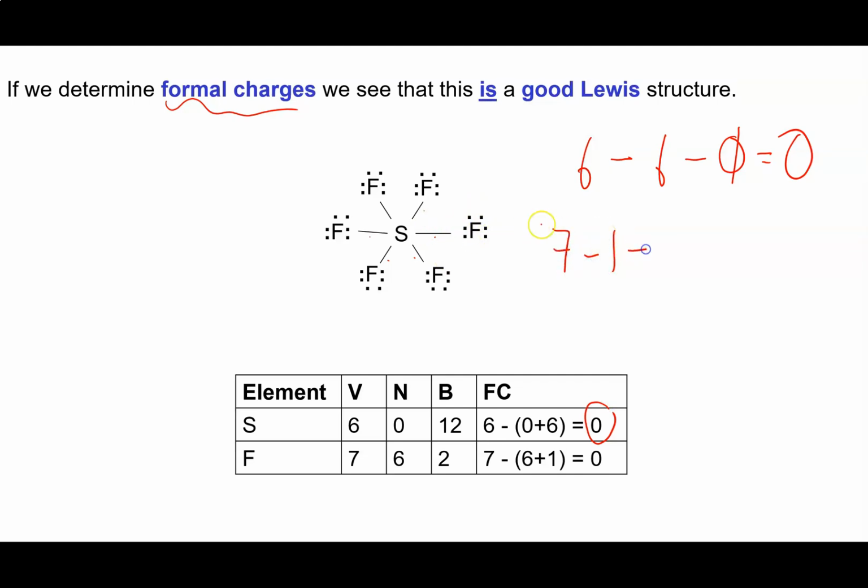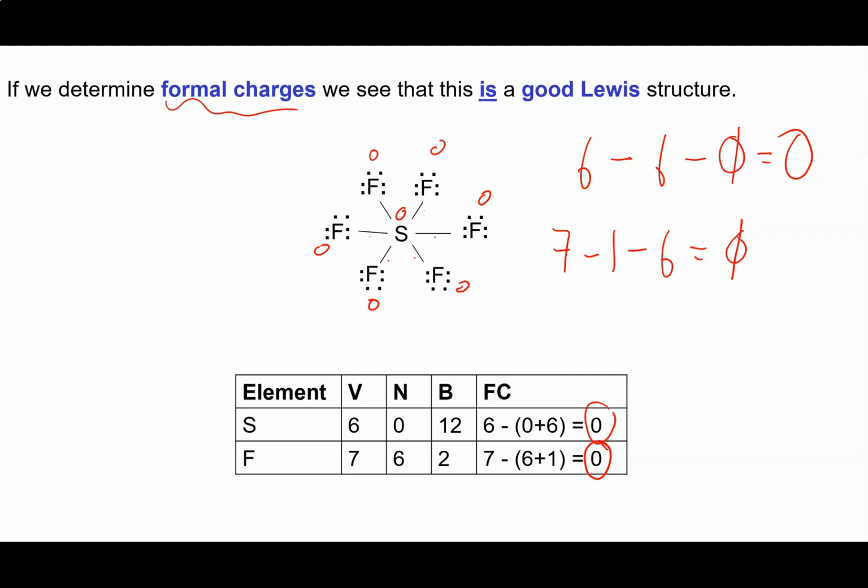There's one bond. And then we've got 1, 2, 3, 4, 5, 6 non-bonding electrons. The formal charge on all of the fluorines is also 0. It's a great Lewis structure. Nothing wrong with it. Every atom has formal charge of 0. So this is a good set of formal charges. In fact, it's the best set that we can get.